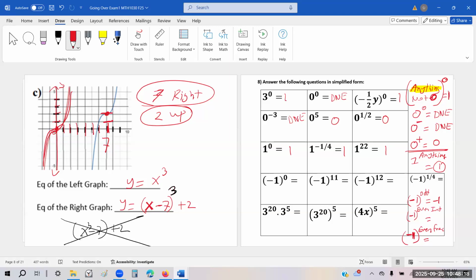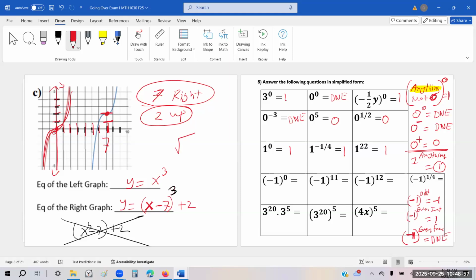If it's an even number, like negative 1 squared, or negative 1 to the 4, the 100, the 1000, the 50, any even number, what's the answer? Positive 1. As long as it's a whole number, negative 1 turns into positive 1. But if it's an even fraction, 1/2 power, 1/4 power, 1/6 power, what's the answer? It doesn't exist.